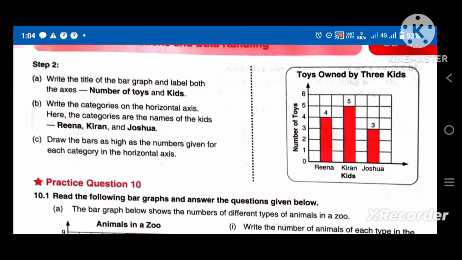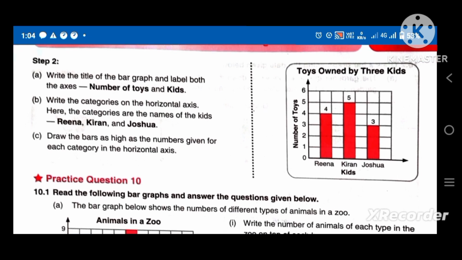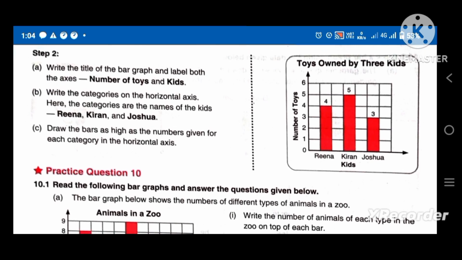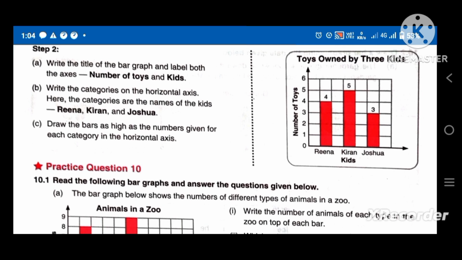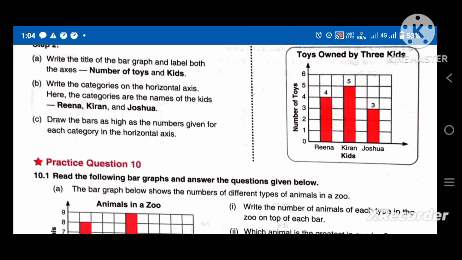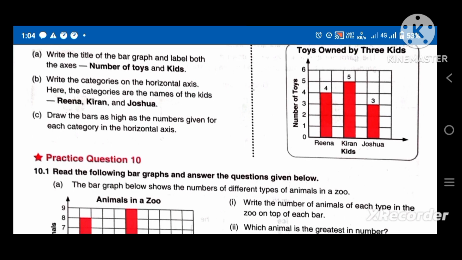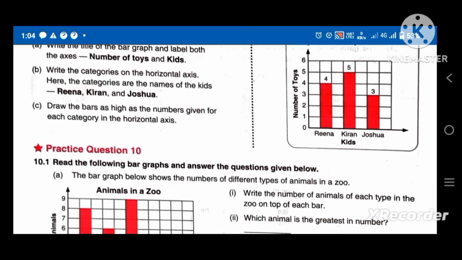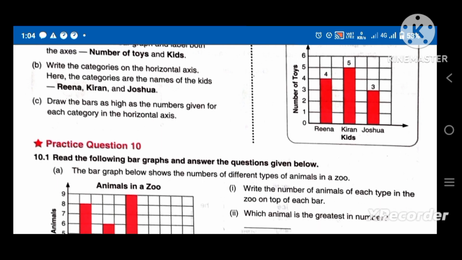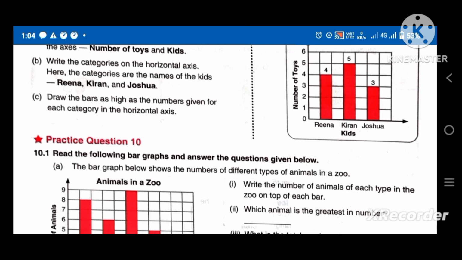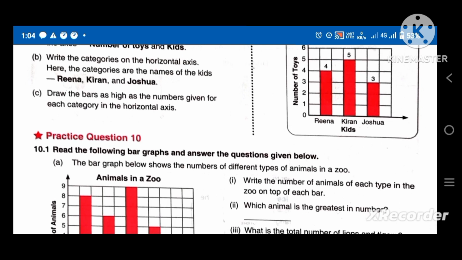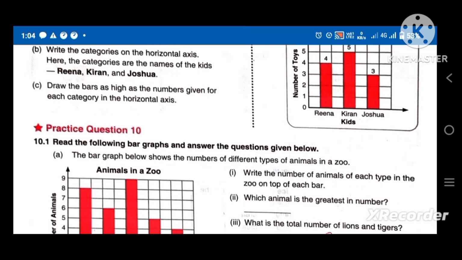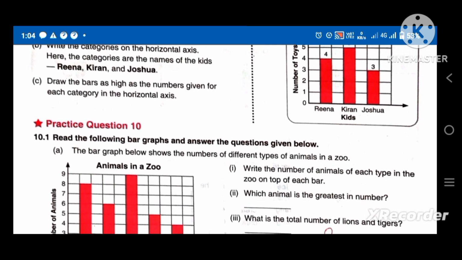Step 2. A. Write the title of the bar graph and label both the axes, number of toys and kids. B. Write the categories on the horizontal axis. Here, the categories are the names of the kids, Reena, Kiran and Joshua. C. Draw the bars as high as the numbers given for each category in the horizontal axis.